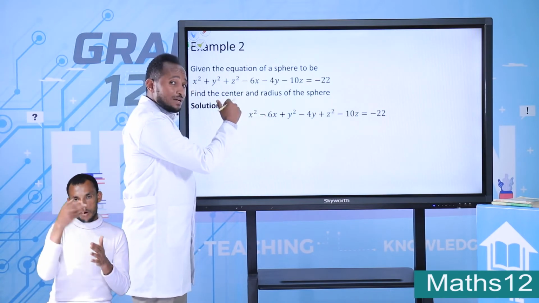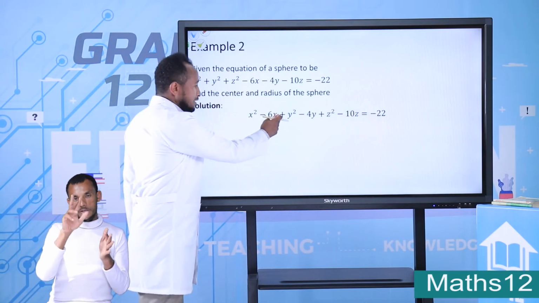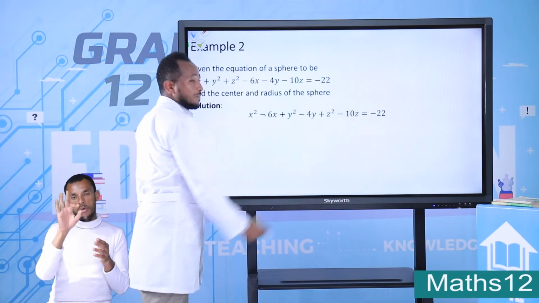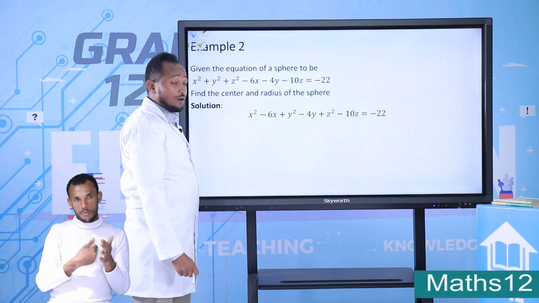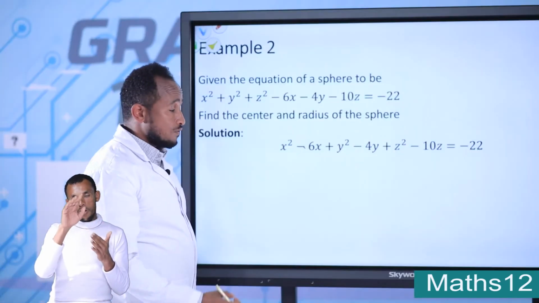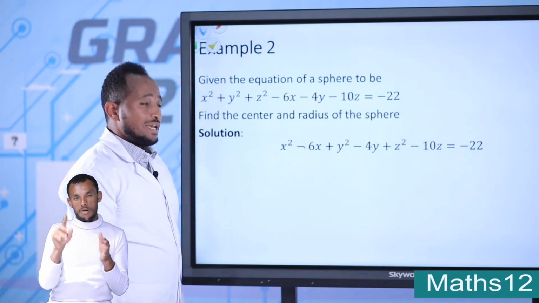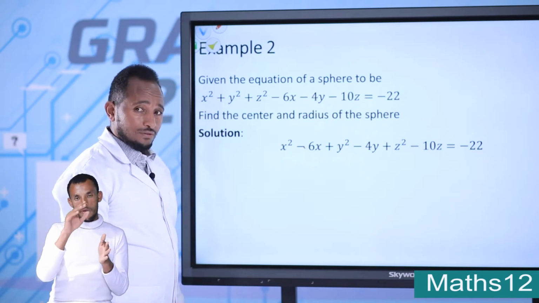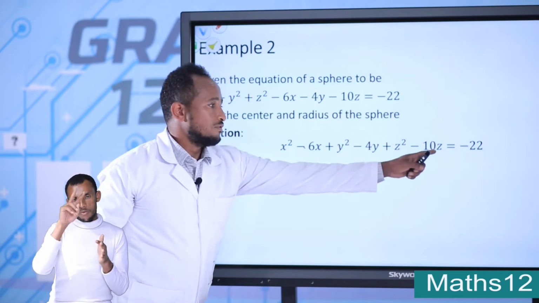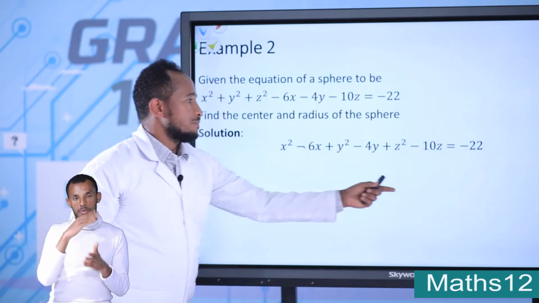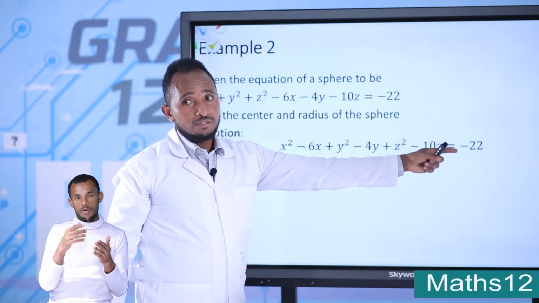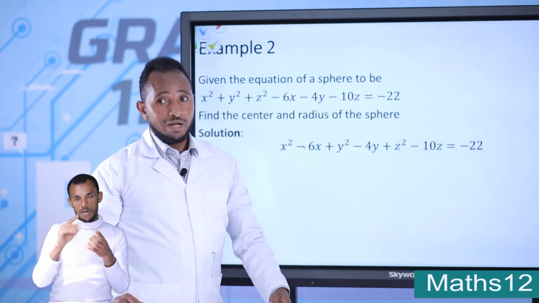Half of minus 6 is minus 3, and you square it to get 9. You add 9 here. The middle term is minus 4, half of minus 4 is minus 2, and 2 squared is 4. You add 4 here. For minus 10, half is minus 5, you square it, 25, and you add 25. All things added here must be added on the other side to keep the equation balanced.